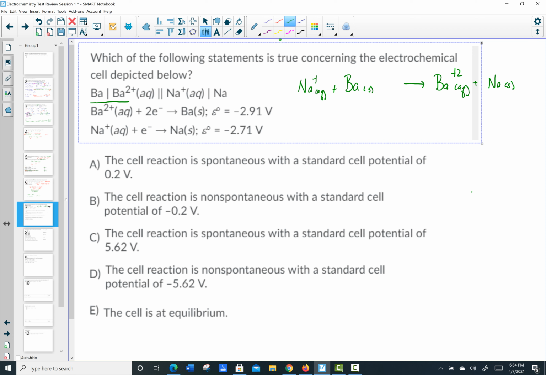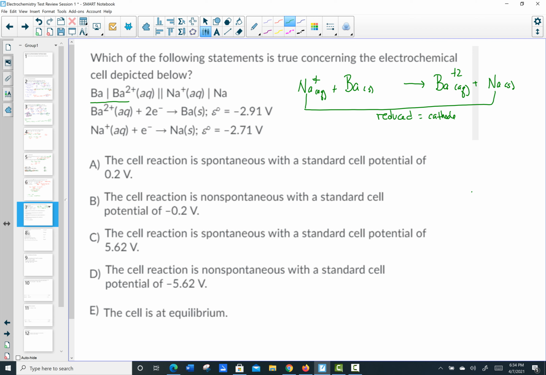Now, when we want to look at the conditions here, sodium going from +1 to 0 is being reduced. It's getting more negative on the number line, and we know that that occurs at the cathode. Barium is going from 0 to a +2, which we know is being oxidized, which occurs at the anode.